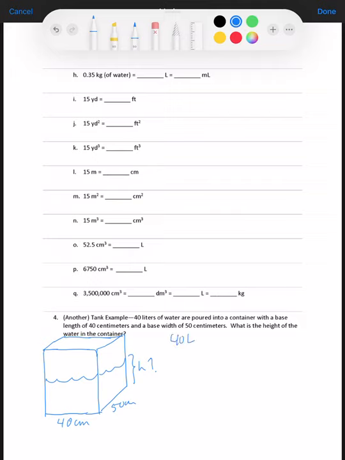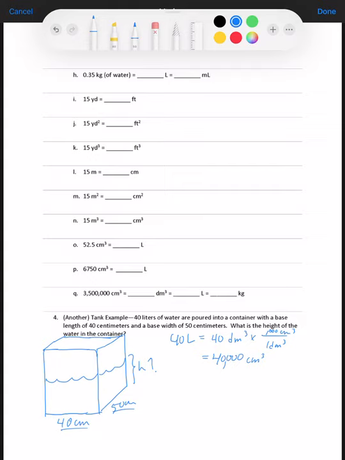And since these units are centimeters, we can get the 40 liters and convert it to centimeters cubed. So 40 liters is equal to 40 decimeters cubed. And then multiply that by 1,000 centimeters cubed for every 1 decimeter cubed. And when I do that, I get 40,000 centimeters cubed.